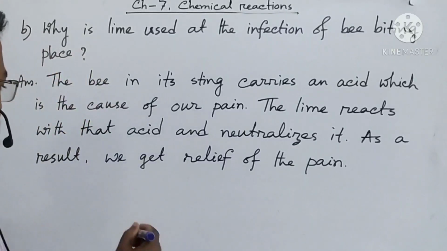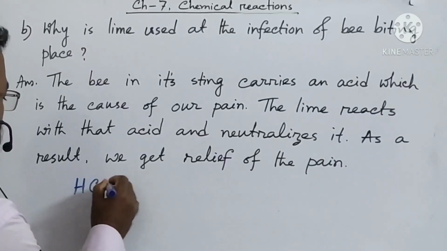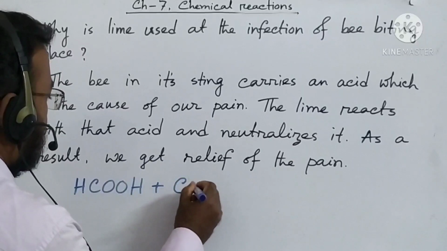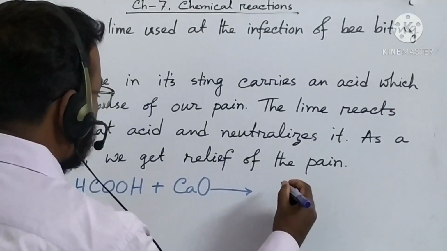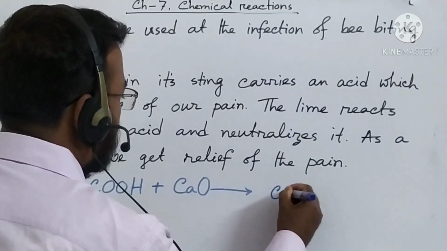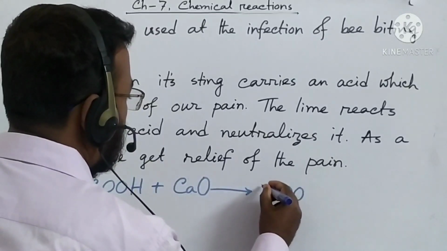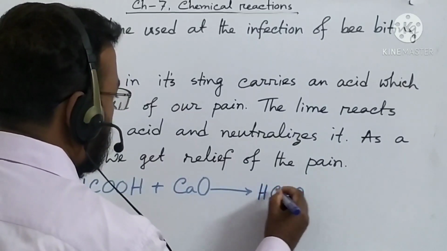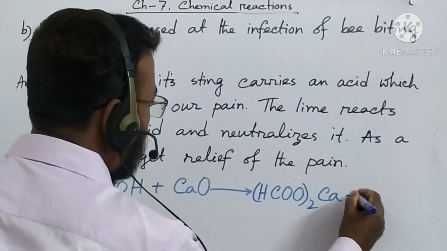Okay, now I am writing the reaction. Everybody write it. This is formic acid plus lime, they react together and produce calcium formate plus water.